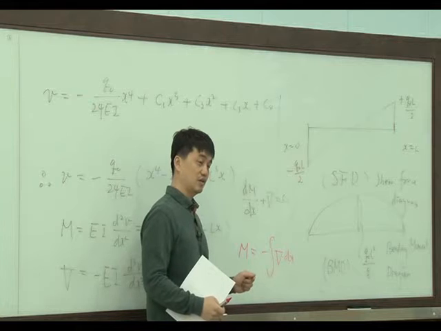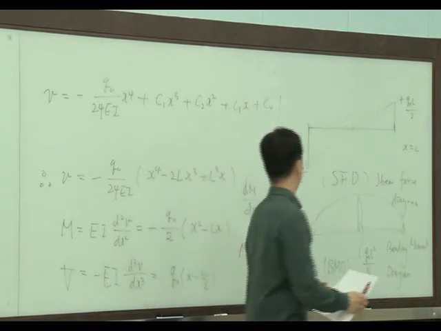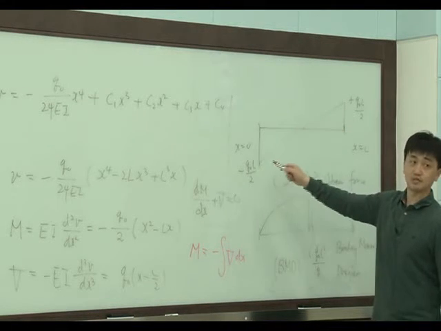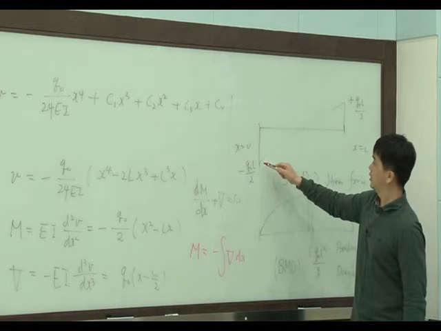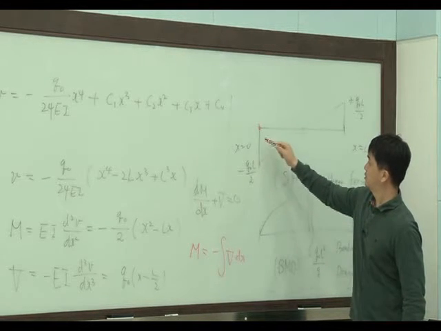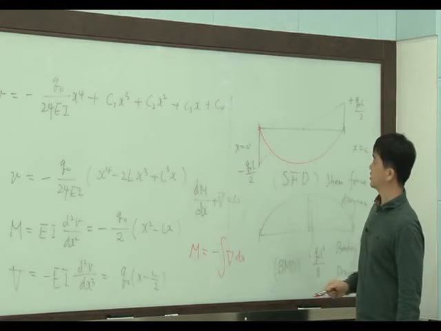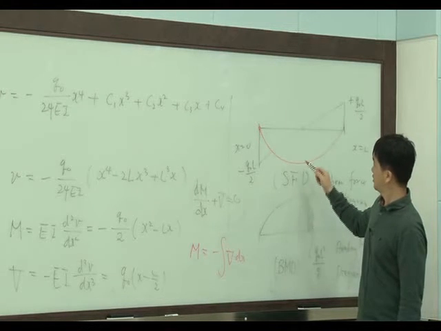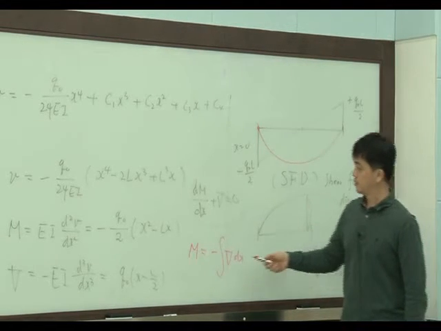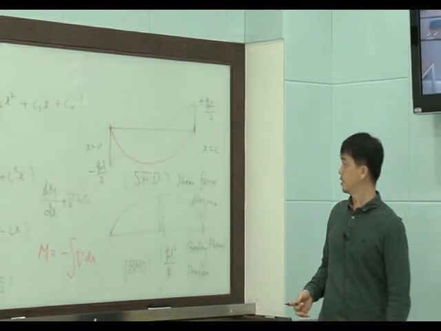So moment is calculated from the integration of shear force, and we need to put a minus. If I integrate this line, we start from here and go down, and we will have this kind of curve, right? Then if I multiply by minus 1, we can have the bending moment diagram.